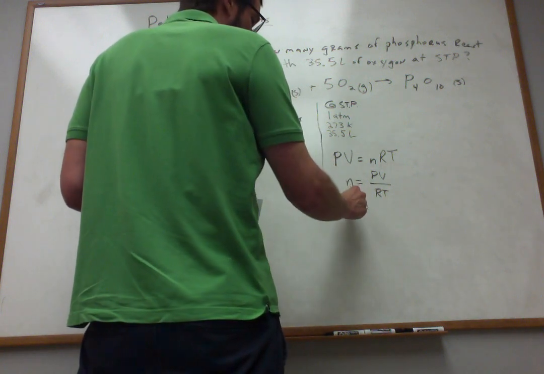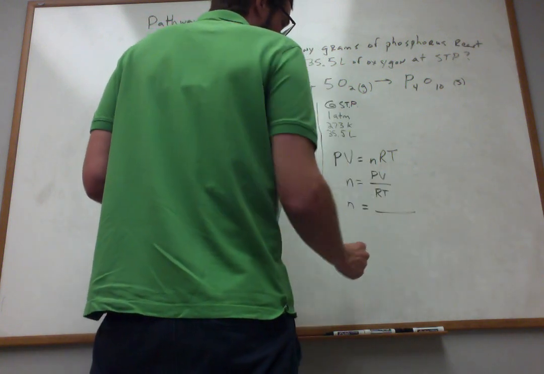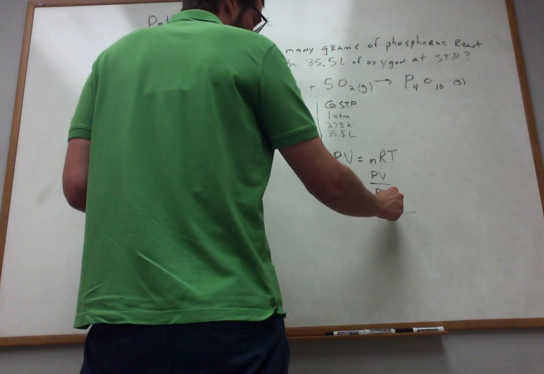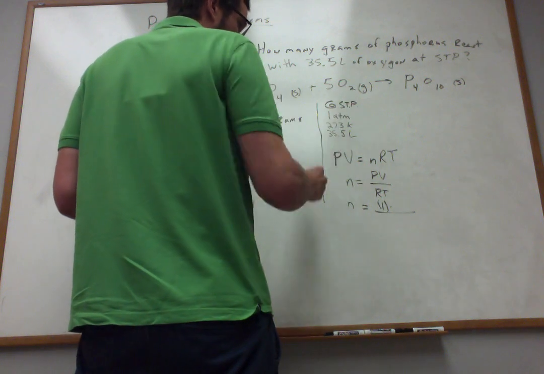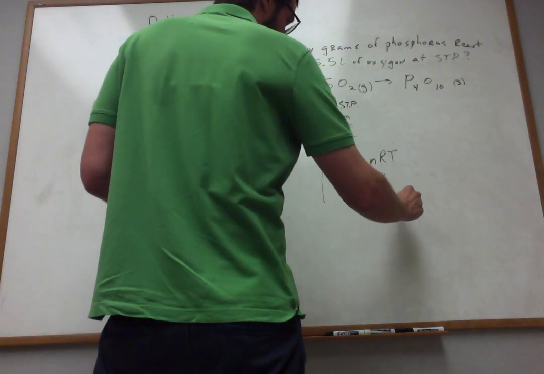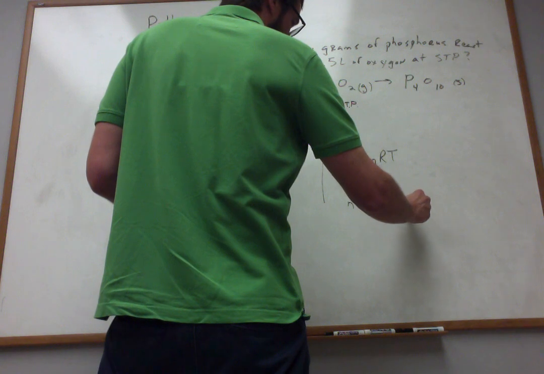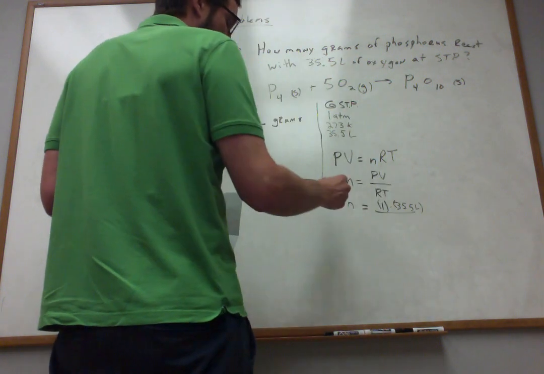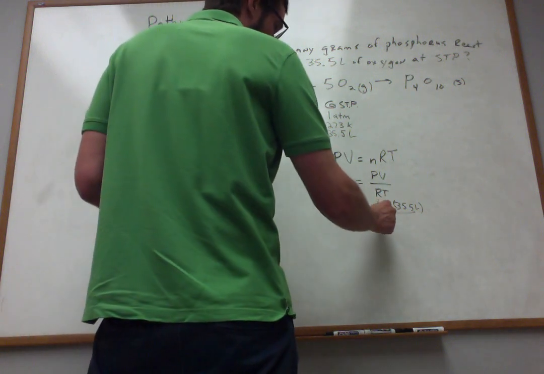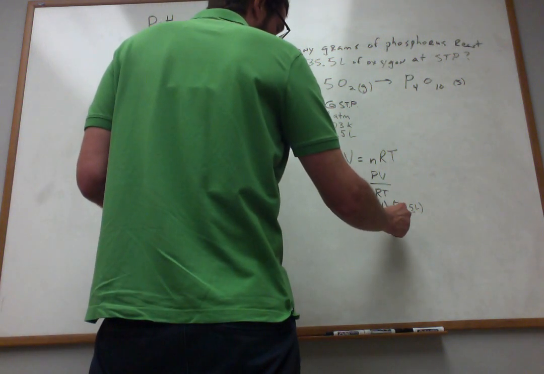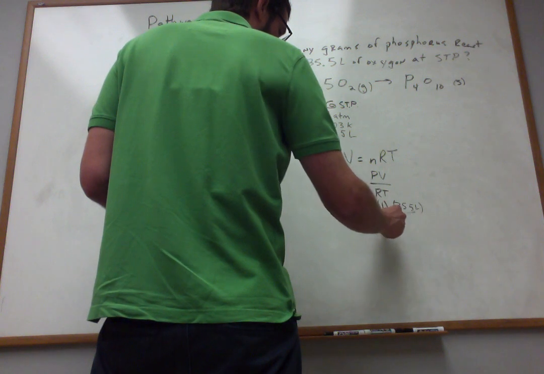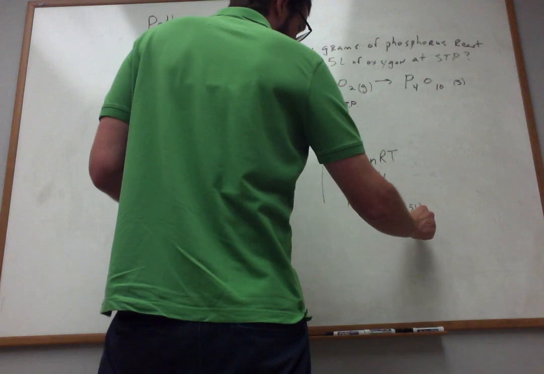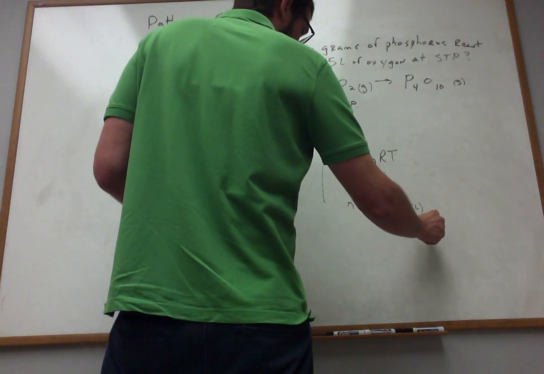I know that my pressure is 1 atmosphere because I was specified standard state for STP. I know my volume is 35.5 liters, so I can plug in my P and my V. My R is that universal gas constant, 0.082, provided I'm using atmospheres and liters. My temperature is 273 because I'm operating at STP.